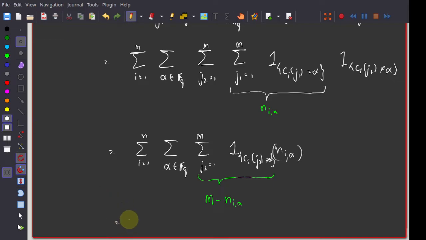Basically, what we get is summation i equal to 1 to n, summation over all alpha, of m minus n_i alpha times n_i alpha.